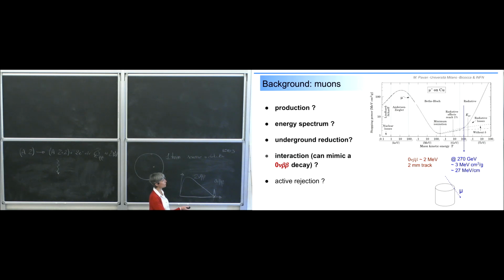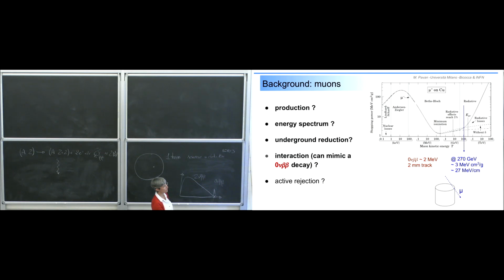So I think I have a plot. This is a plot of the stopping power of muons in copper. In the energy region that we are discussing in here, they are close to what we call the minimum ionization.